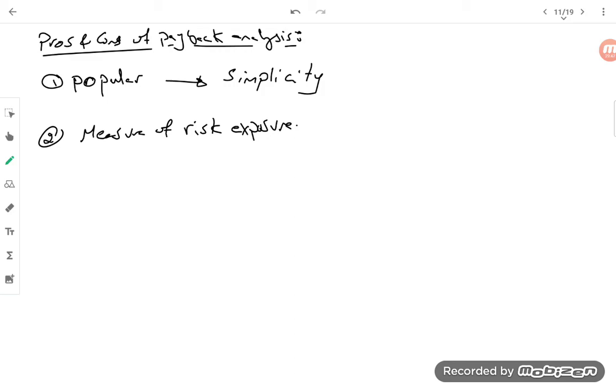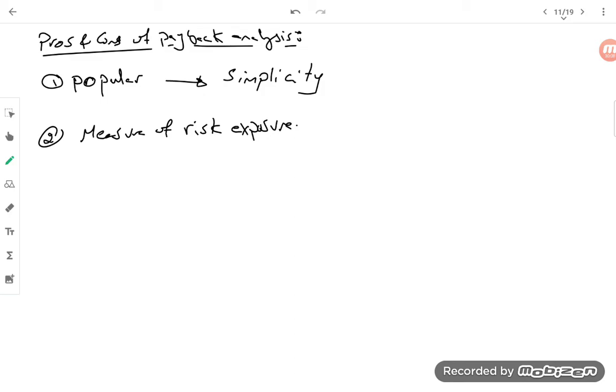Usually firms use payback period as a decision criteria or a supplement to any other decision techniques. Okay, so these are the two most important advantages of using payback period.